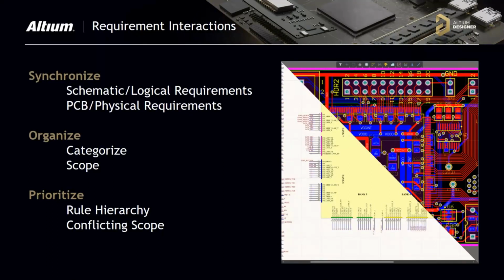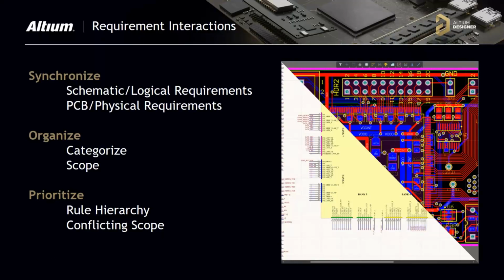In the demo, we are going to place a rule in the schematic side and drive that rule into the PCB, and organize the requirements, like categorizing them and seeing the scope of where they lie: not just a net or a whole board, but every net in a specific class, and grouping.